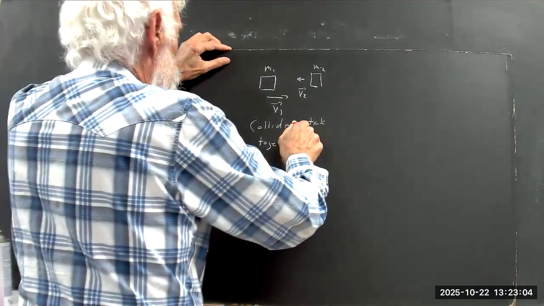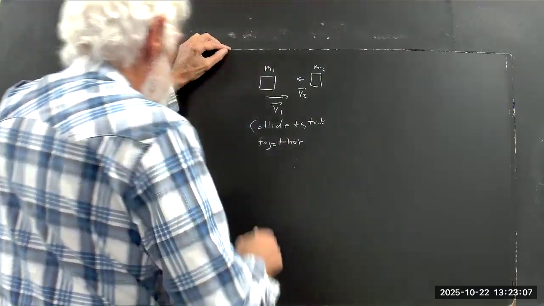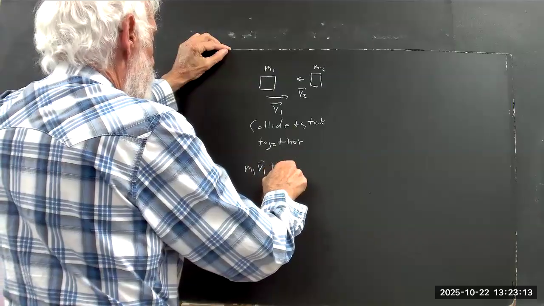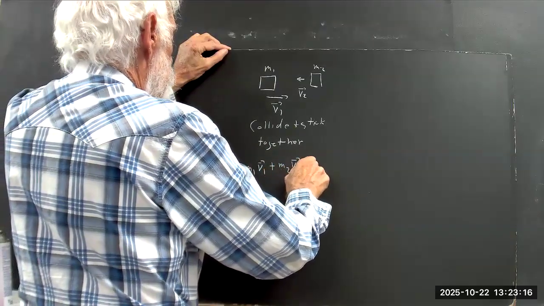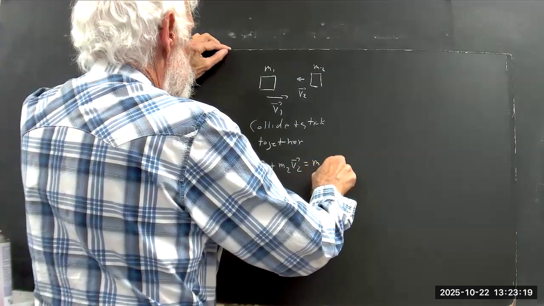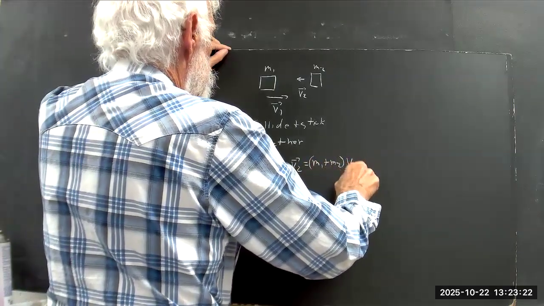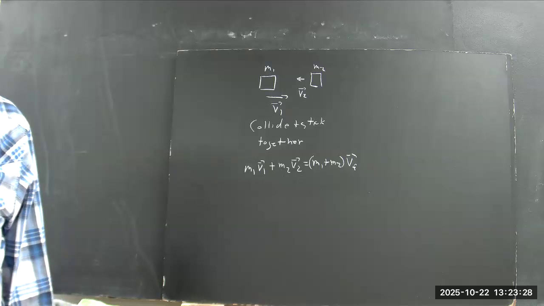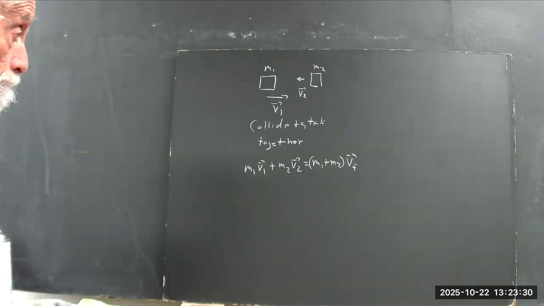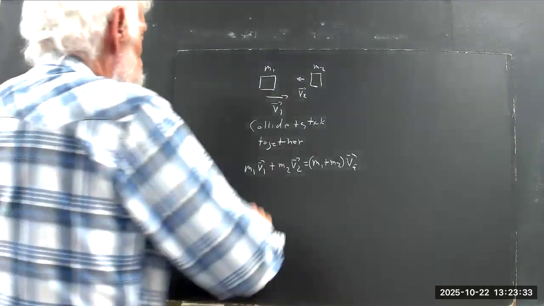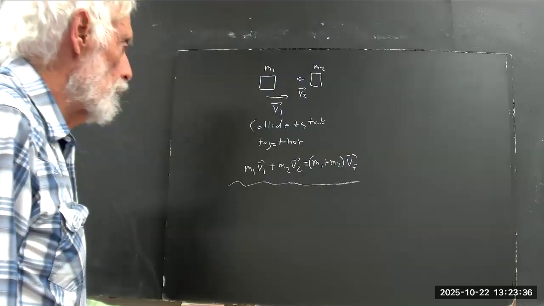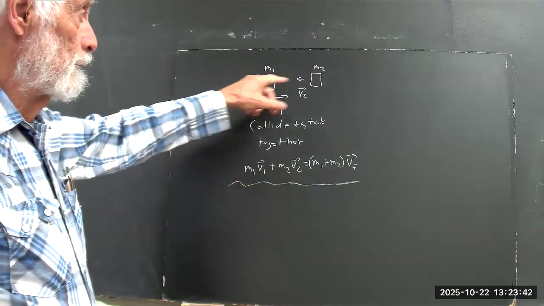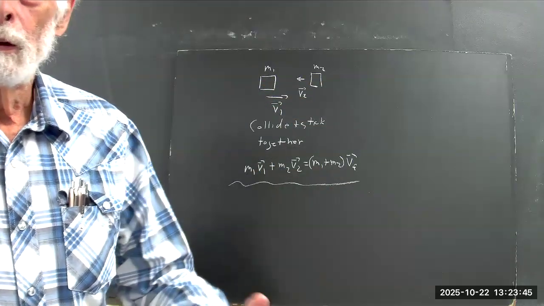They could collide and stick together so that they have a common final velocity. If you calculate that common final velocity, you can find the change in momentum of each object. And you'll find that they're equal and opposite.